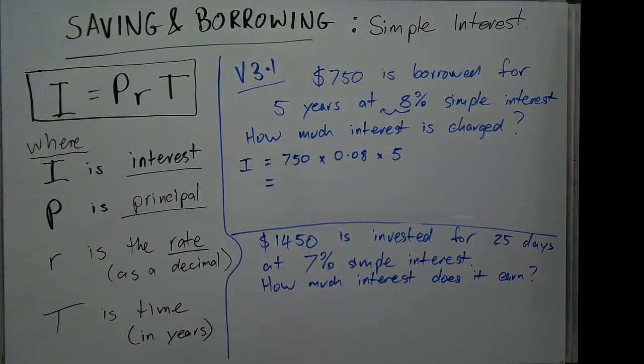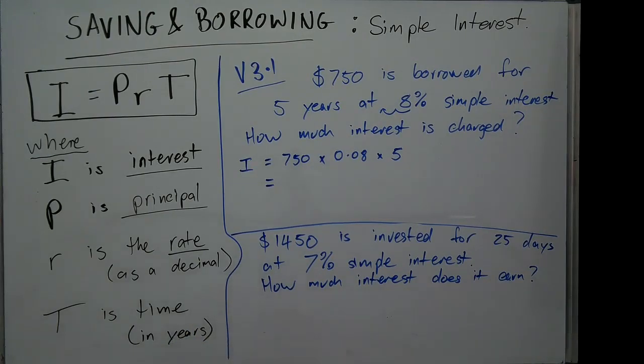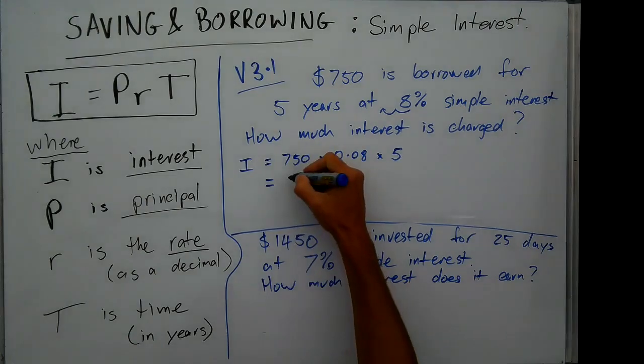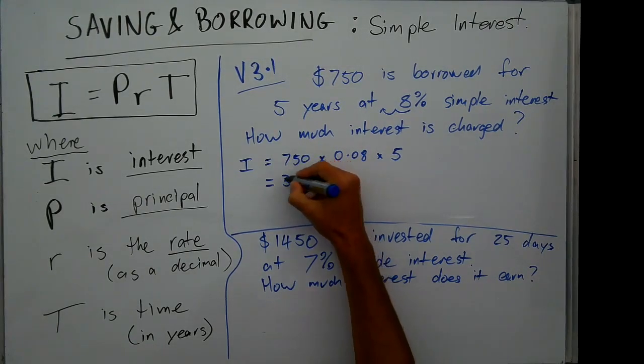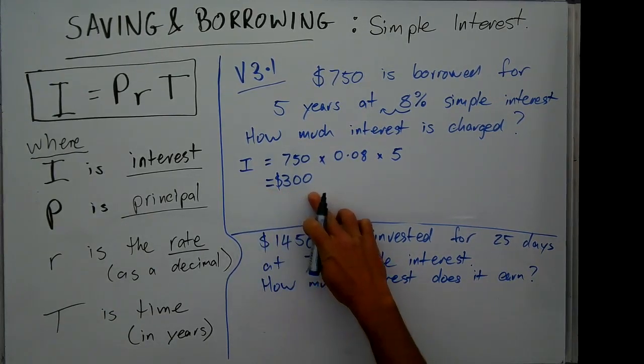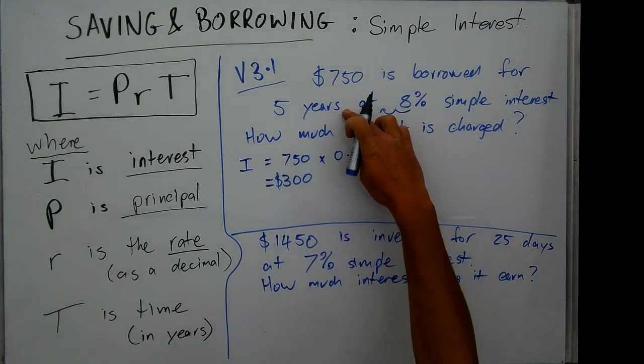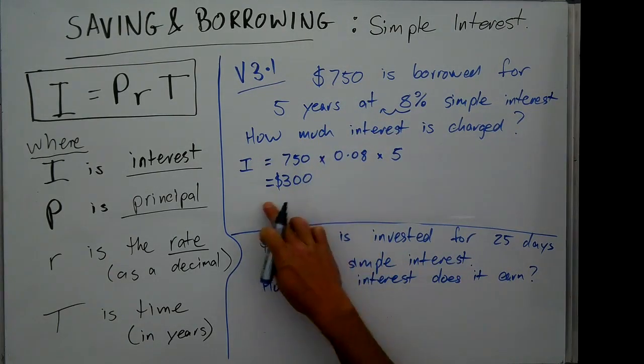This equals $300. So $300 interest is, so this is essentially the fee for allowing someone to borrow that much money. So at the end of the 5 years, the person pays the money back, they would have to pay $1,050.